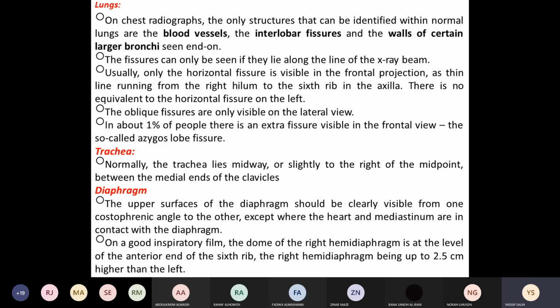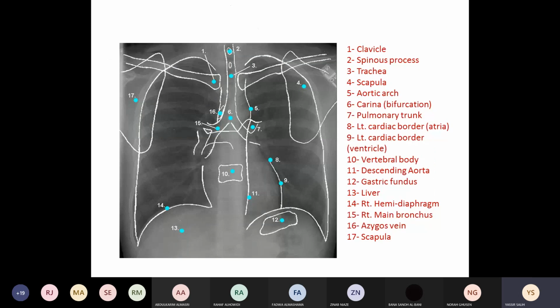The diaphragm, the upper surface of the diaphragm, should be clearly visible from one costophrenic angle to the other, except where the heart and mediastinum are in contact with the diaphragm. If you look here, this is the right hemidiaphragm and this is the left. If you go from the left costophrenic angle and trace the diaphragm, you can see it, but in this area you are not able to see the diaphragm.